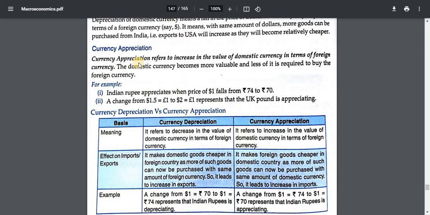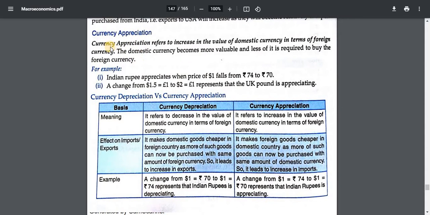Currency appreciation. Currency appreciation refers to increase in the value of domestic currency in terms of foreign currency. The domestic currency becomes more valuable and less of it is required to buy the foreign currency. For example, 1.